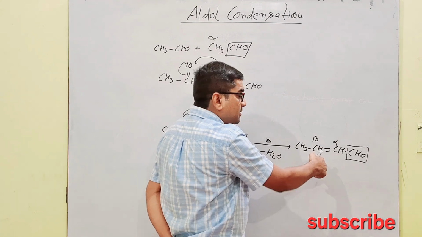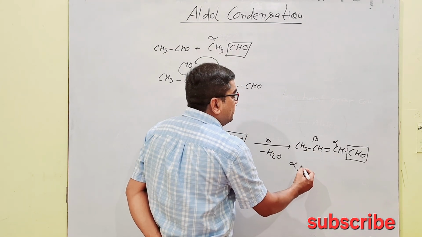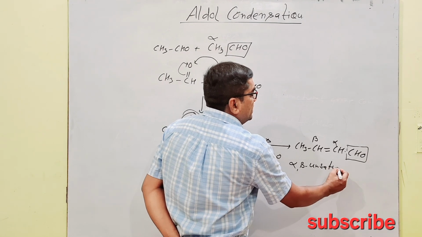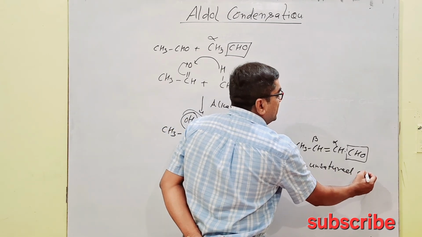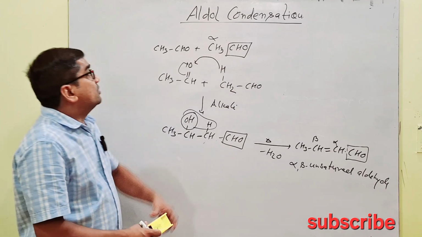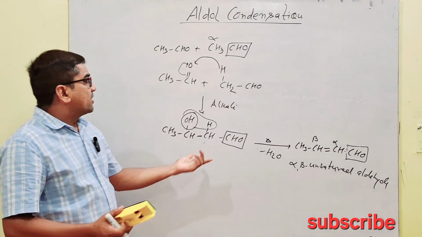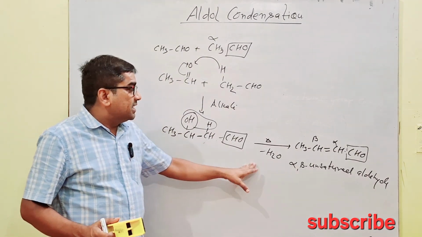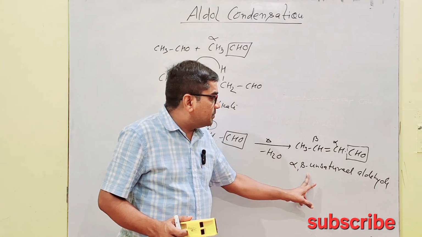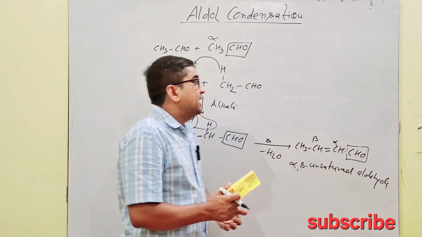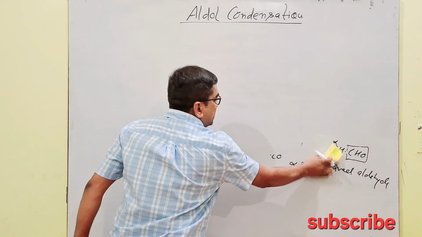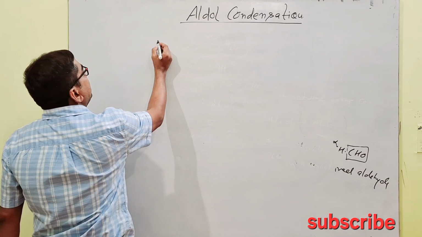Unsaturation is at alpha and beta, so it's called alpha, beta unsaturated aldehyde. So in aldol condensation, when the aldol formed is heated, elimination of water takes place and it gives alpha beta unsaturated aldehyde.